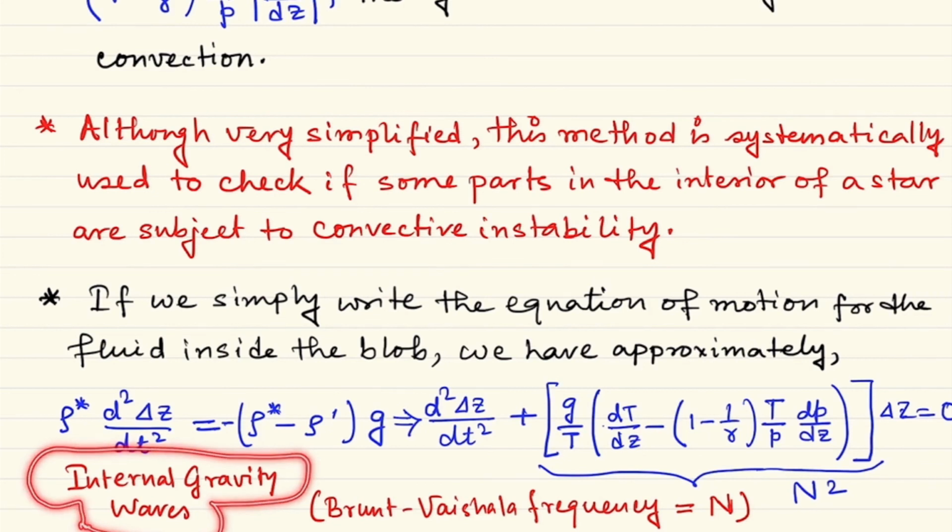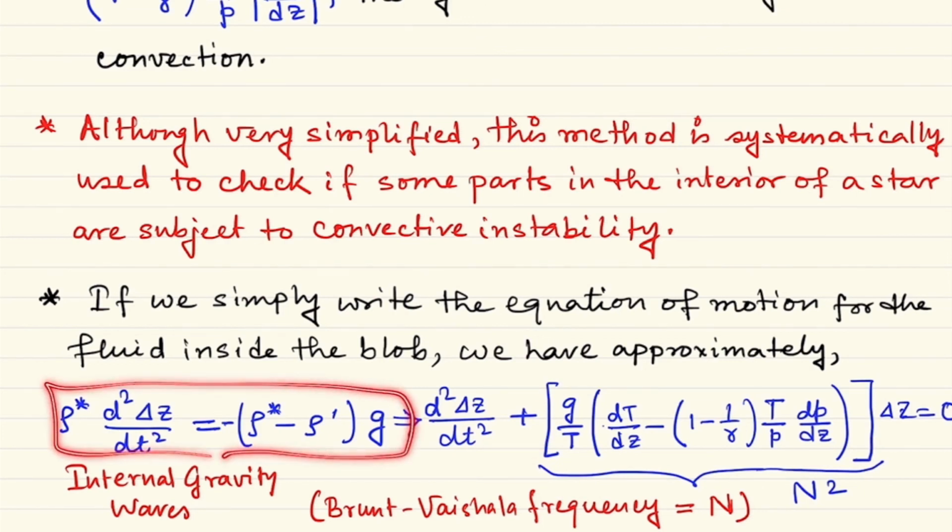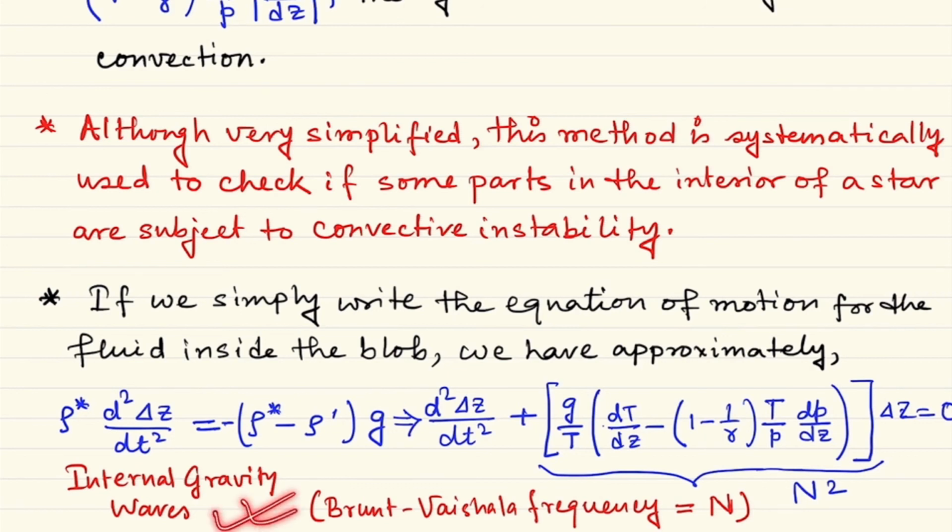For the particle, you can see this is an oscillation type of thing, but for the whole fluid medium, if you do the correct linearization, you can actually see that you can have a linear wave mode with the same type of frequency, which is the square root of this quantity.